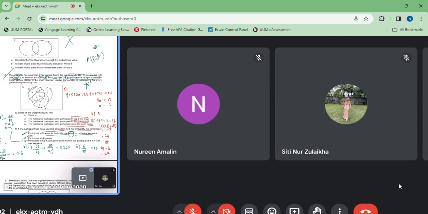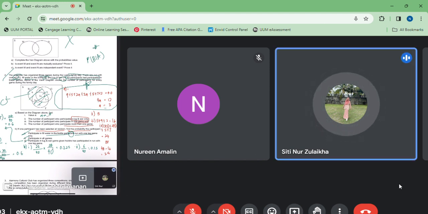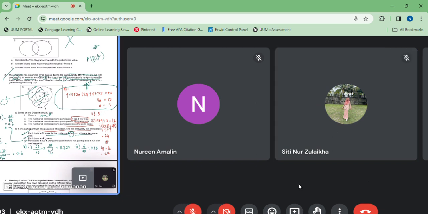So we know all this is 40. What you have to do? Just 9 plus 2a plus 2a plus 5 plus 2 plus 7 plus 5 equals to 40. Then you just do normal calculation. You get a equals to 3. So value of a is a equals to 3. Clear? Clear.